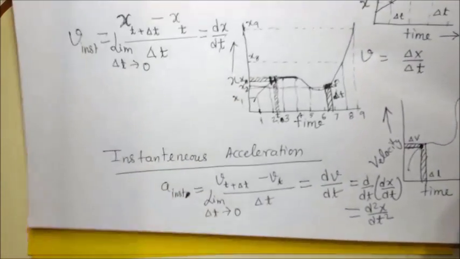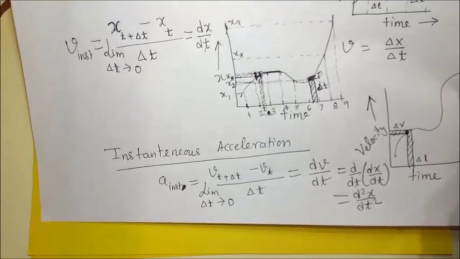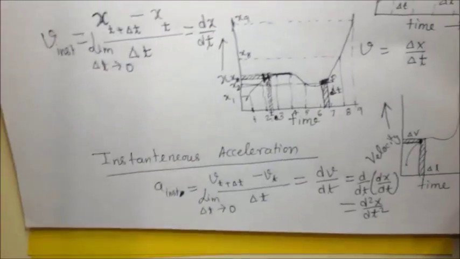So this is instantaneous velocity and instantaneous acceleration. Now I want you to learn the 3 kinematic equations. Alright, they are very important and they will be used throughout this chapter, and also in chapters that are coming.